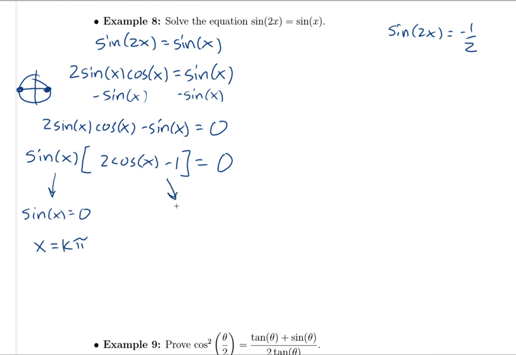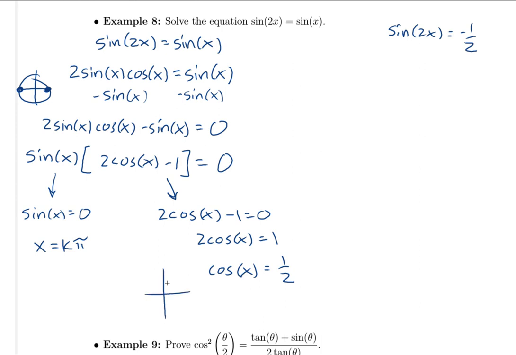All right, here there's a little more going on. We need to get the cosine all by itself. Okay, but we note that the cosine will equal 1/2 in quadrant 1 and quadrant 4.